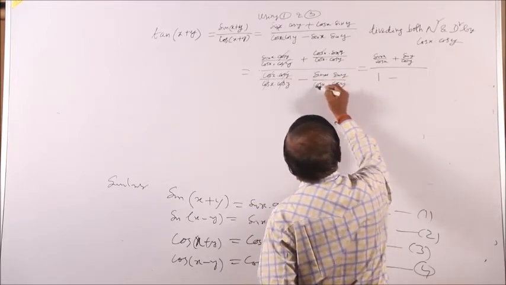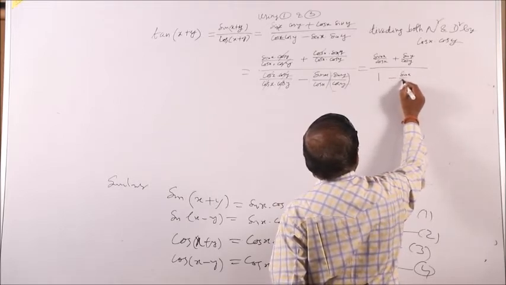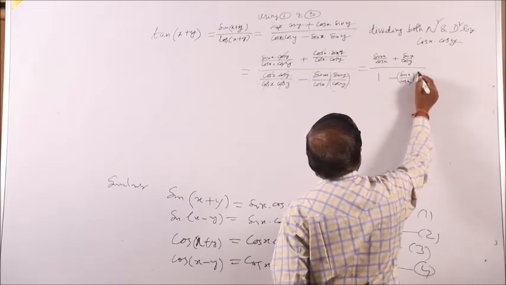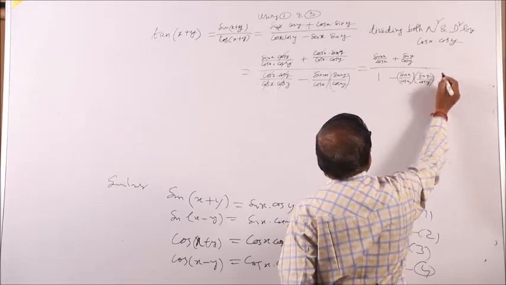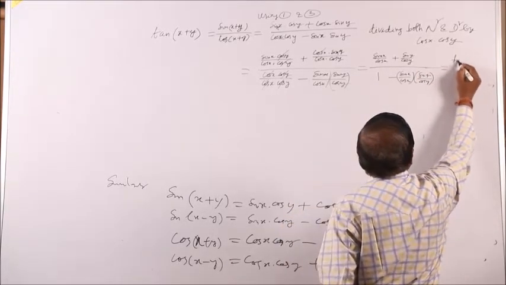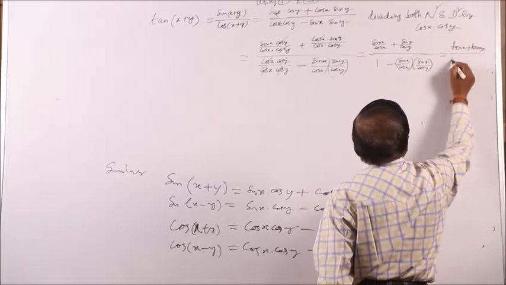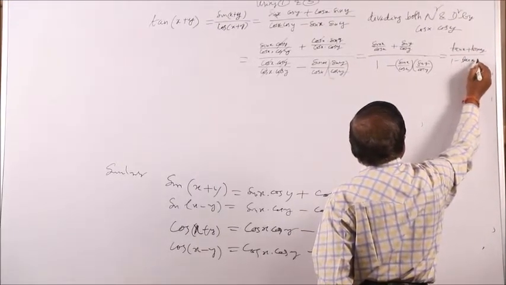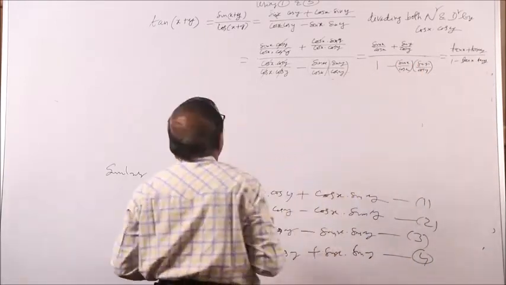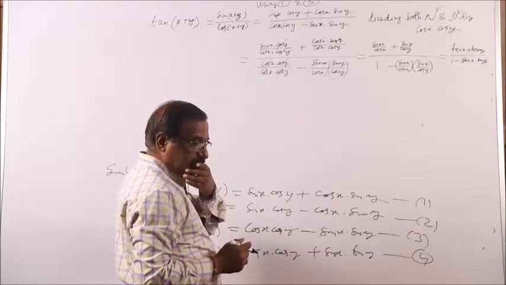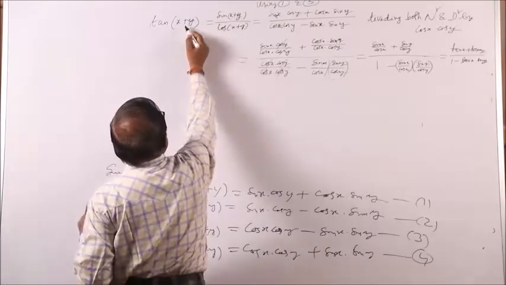This is sin x by cos x into sin y by cos y. It is nothing but tan x plus tan y by 1 minus tan x into tan y. This is the formula for tan(x plus y). And similarly, you can find this for minus over here.